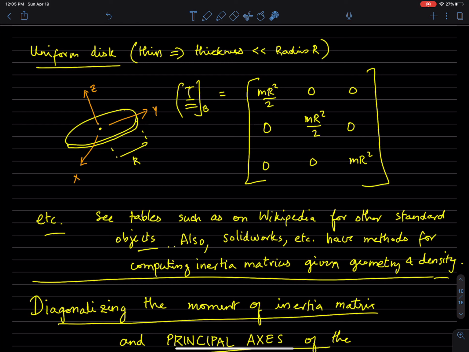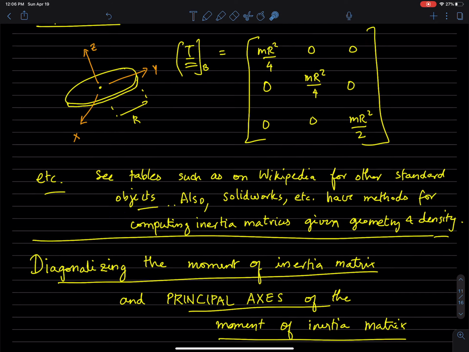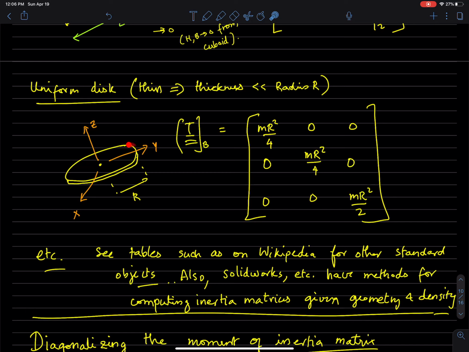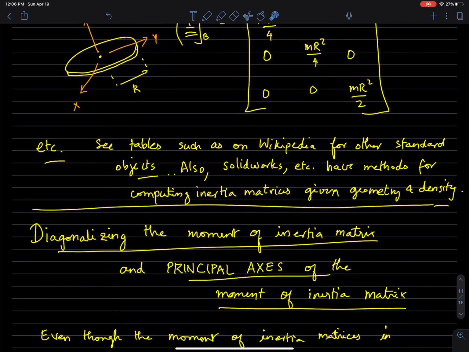Moment of inertia about the z-axis is actually mr squared by 2, and about each of these axes, it's going to be mr squared by 4. If you had a ring, then Izz is going to be mr squared, and then these two are going to be mr squared divided by 2.